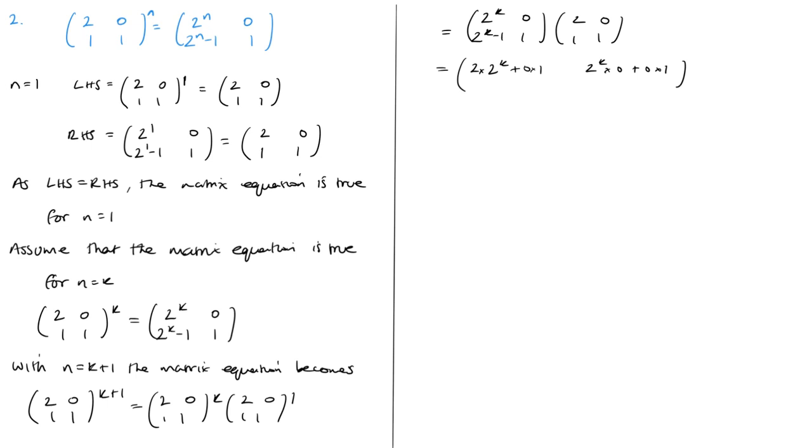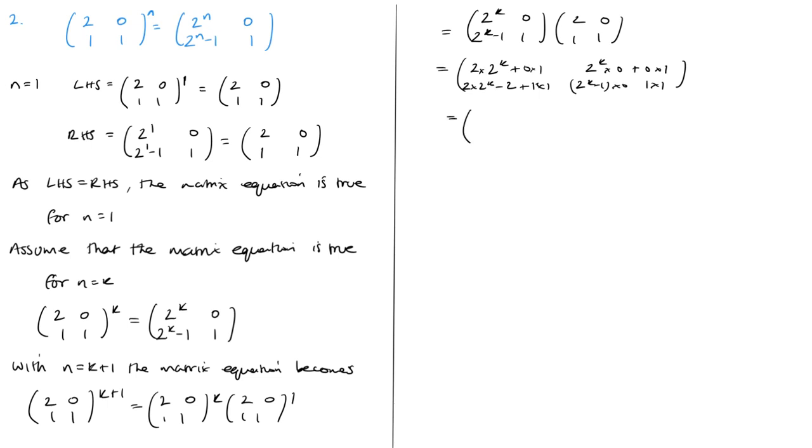Bottom left, we've got 2 times 2 to the k minus 1. I'll do the 2 times 1 there in my head. And 1 times 1. And then we've got 2 to the k minus 1 times 0 and 1 times 1.